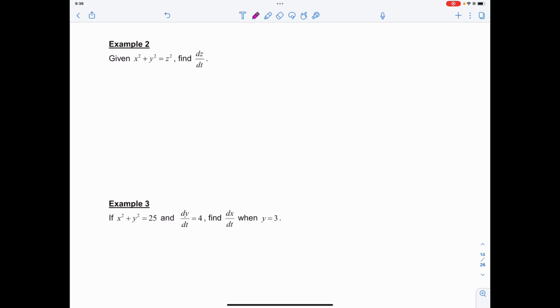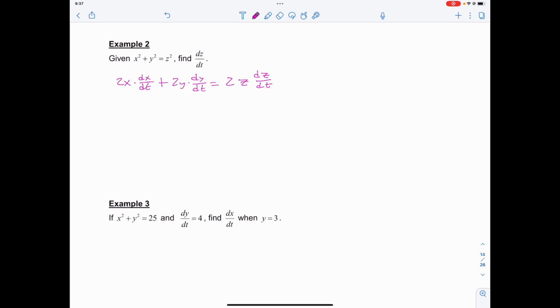So when I differentiate x squared, it's not just 2x, it's going to be 2x times dx over dt. Same thing with y, because I'm doing it in terms of time. It's going to be 2y times dy over dt. And on the right-hand side, that z squared is going to be 2z and dz over dt.